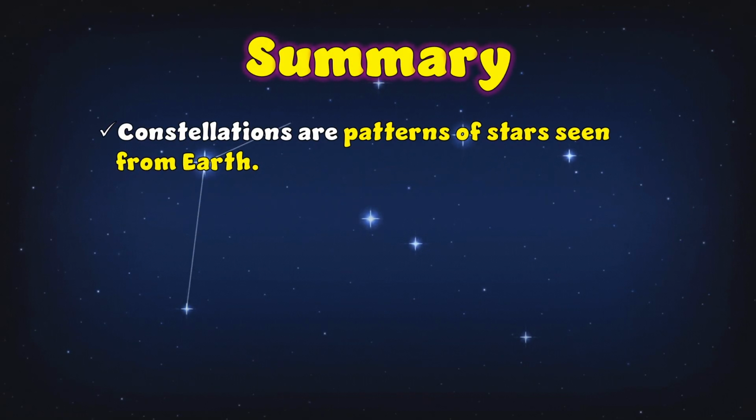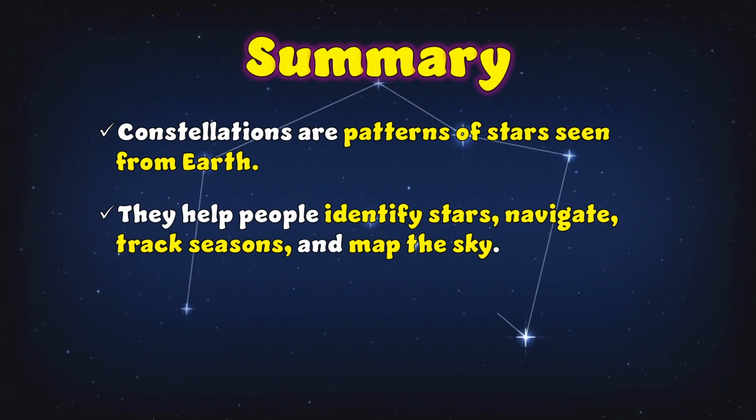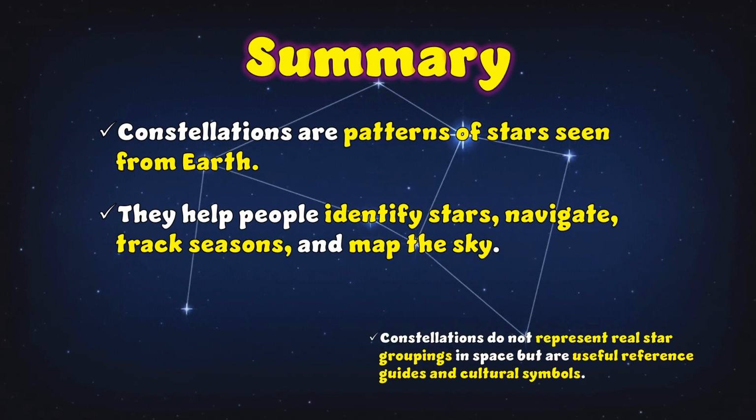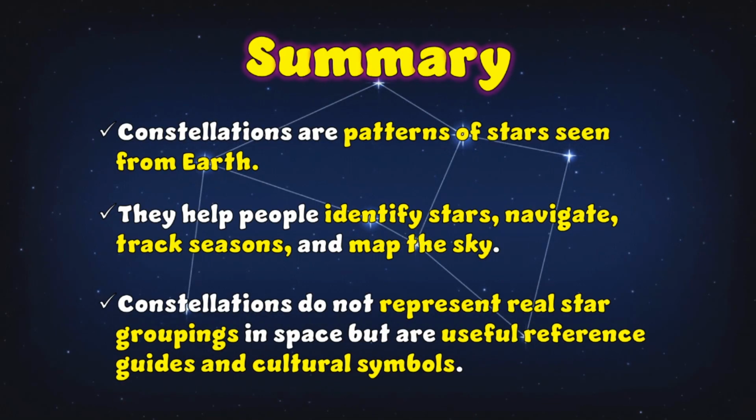Constellations are patterns of stars seen from Earth. They help people identify stars, navigate, track seasons, and map the sky. Constellations do not represent real star groupings in space, but are useful reference guides and cultural symbols.